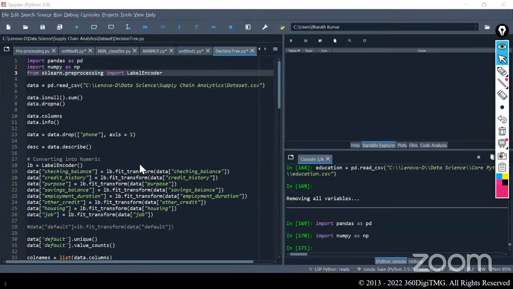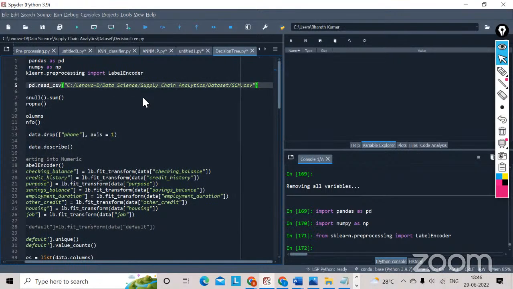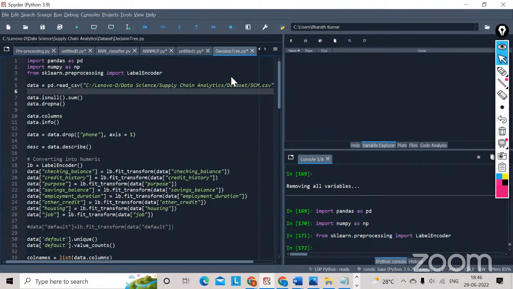I will pass the file name as well, and then I will replace these backward slashes with forward slashes. Now I would like to import the data.